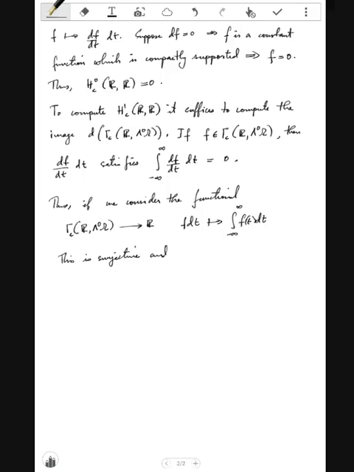And the image of D is contained in the kernel of this map. Let's call this phi. So we claim that the image is equal to kernel phi.